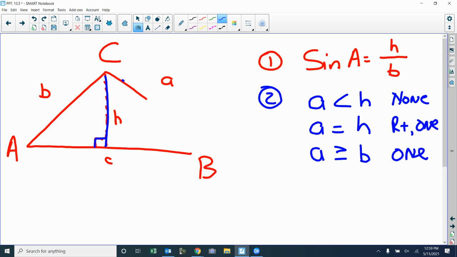What's left? 2. To get 2, we need the height to be less than A and A to be less than B. And we'll get 2.